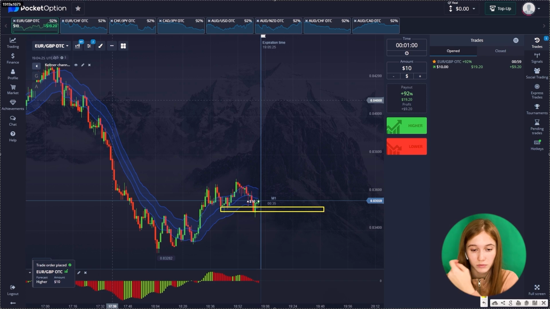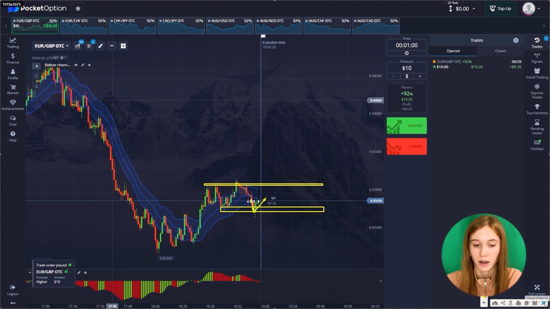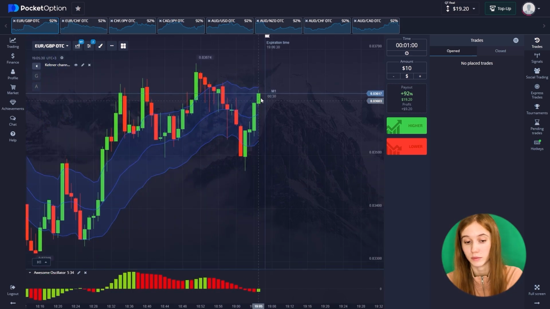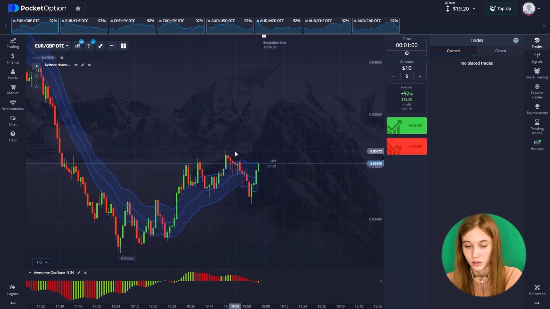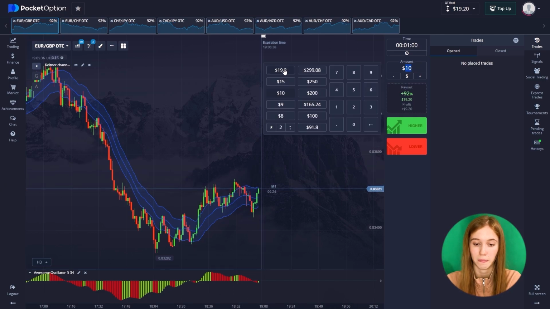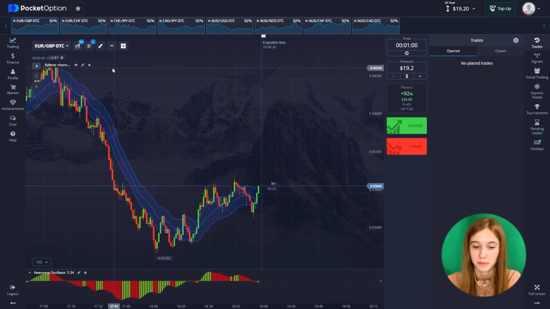Nevertheless, we see we reached the upper position for growth. Our resistance level, we see that this is what happens. It's good. Very nice. Plus deal, $19. And we go on.